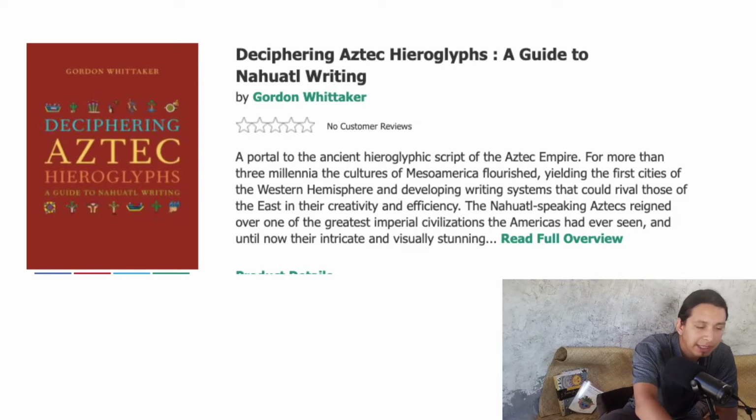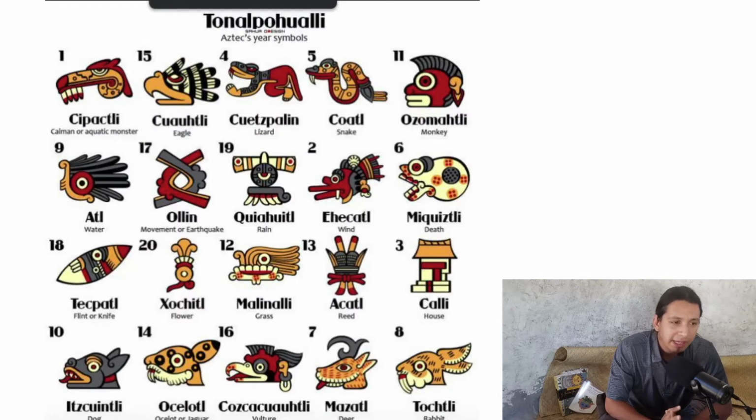At the base of Nahuatl writing, we have a lot of symbols that represent nouns, that represent things. And this is easily represented with a particular glyph that represents it. So it's a pretty simple one-to-one correspondence between the symbol and the word that it represents.